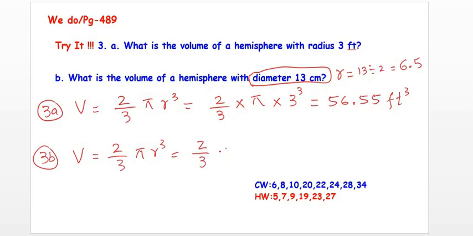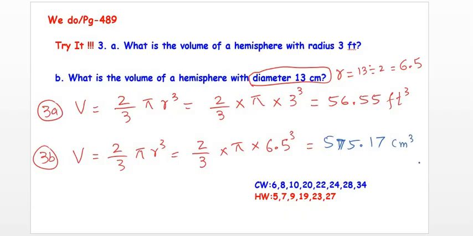It's going to be 2 over 3 times pi times 6.5 cubed, and let's put these values onto the calculator and see what the answer is. So the answer is becoming 575.17, and the unit is going to be cubic centimeters.